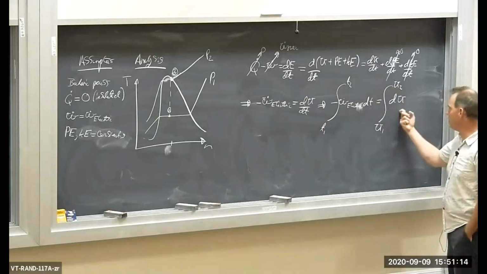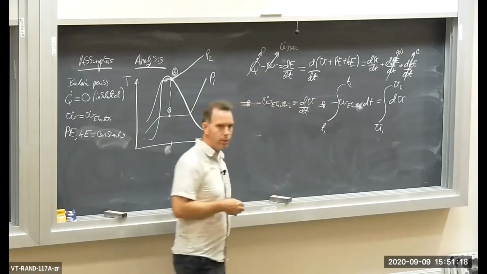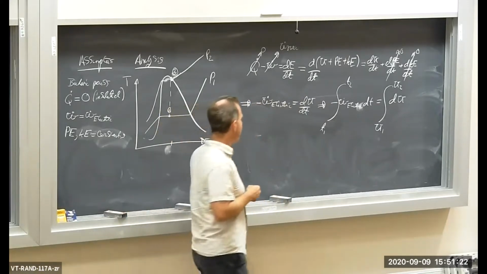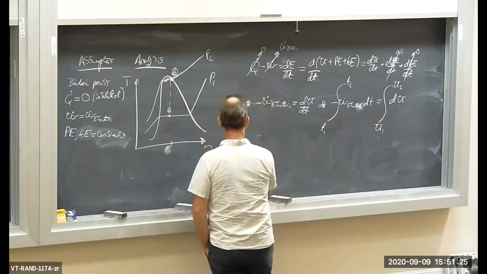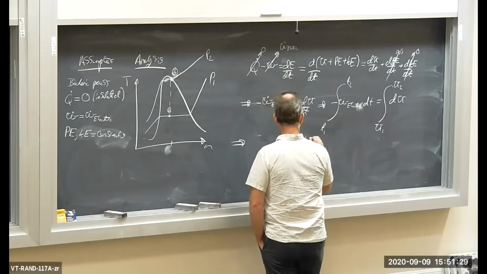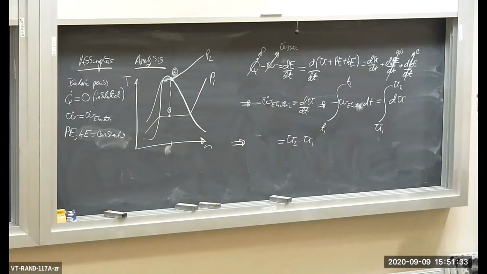Now, the integral on the right is pretty easy. The integral of dU from U1 to U2 is U2 minus U1, or delta U from 1 to 2, if you like.